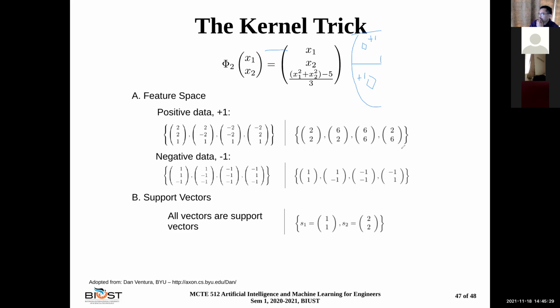This is your three-dimensional space: two diamonds on top, and then the red squares are at the bottom. You understand?